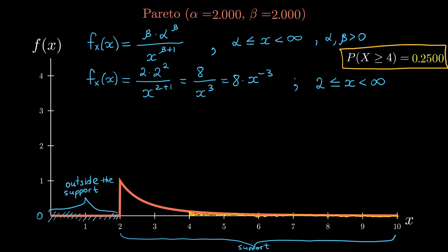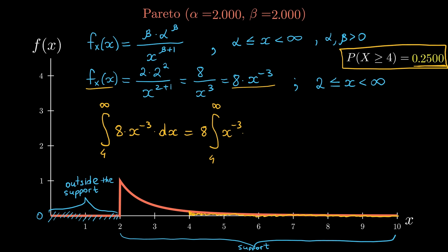That would be straightforward to verify because we have the PDF, and we just need to integrate the PDF from 4 to infinity. And here's the PDF. When we do that, we should be getting 0.25. And how do we do that? Let's pull the 8 in front, and then we have the integral of x to the power of minus 3 dx, and we get 8 times x to the power of minus 2 over minus 2.